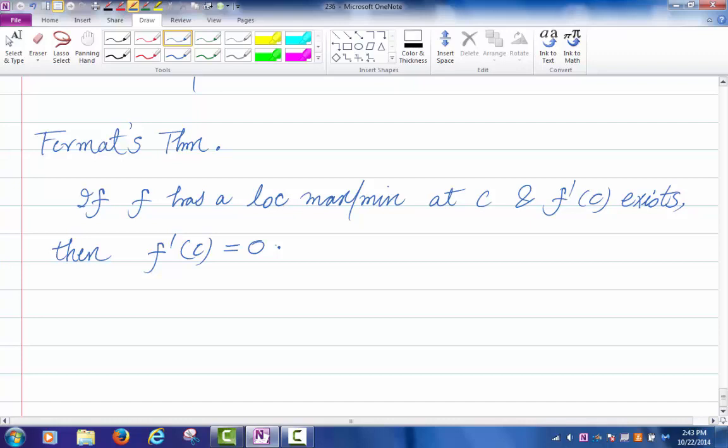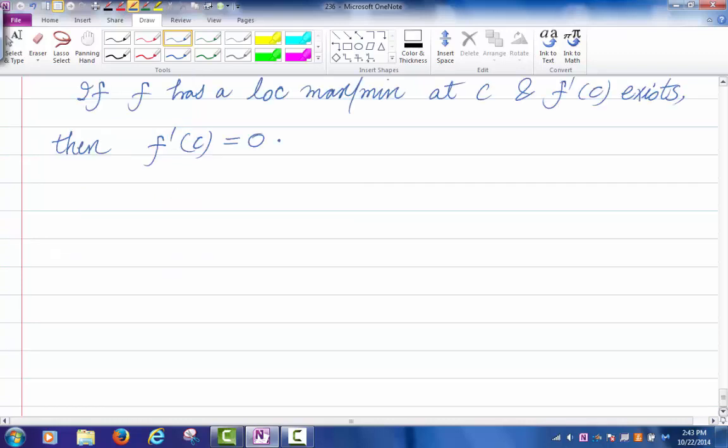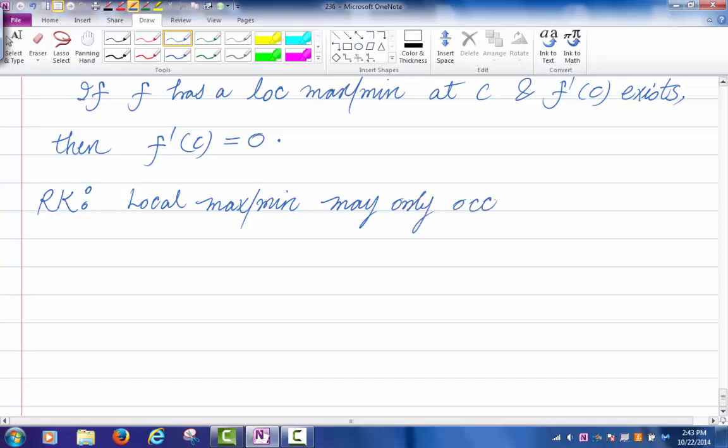Okay, so one implication of this Fermat's theorem is that local max and min may only occur at critical points.